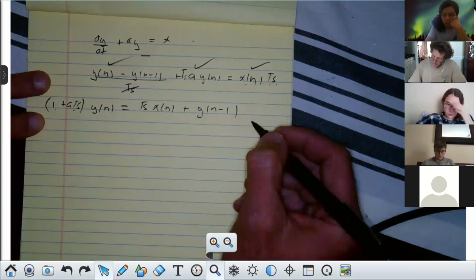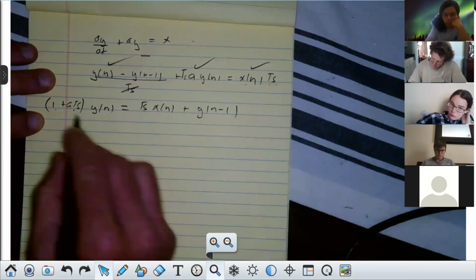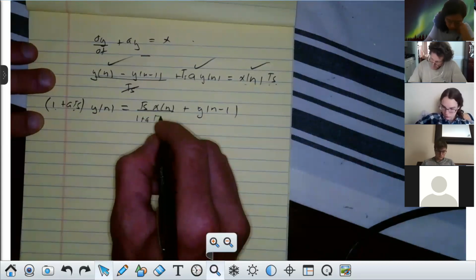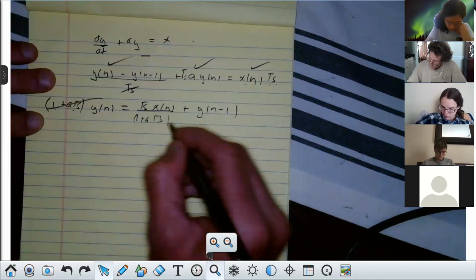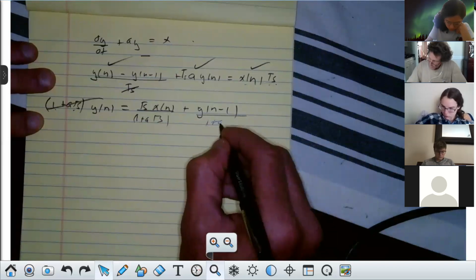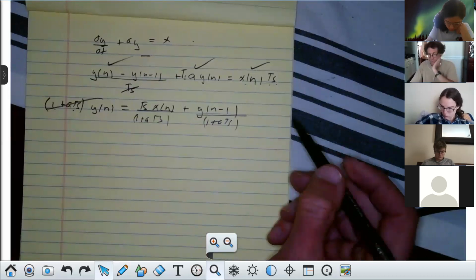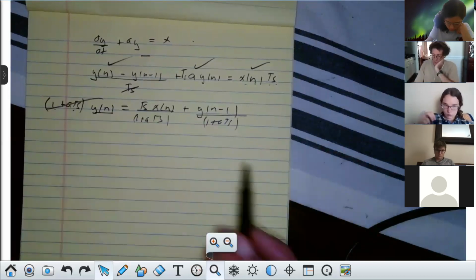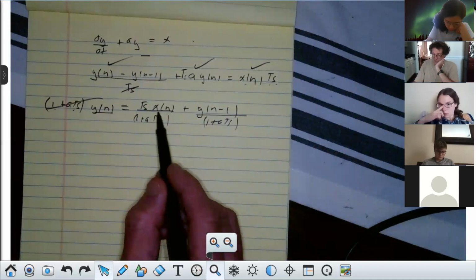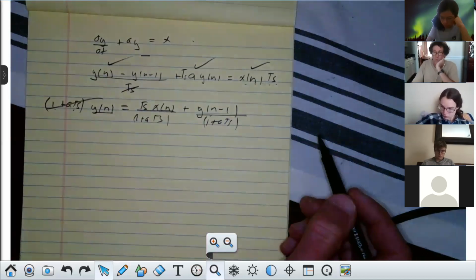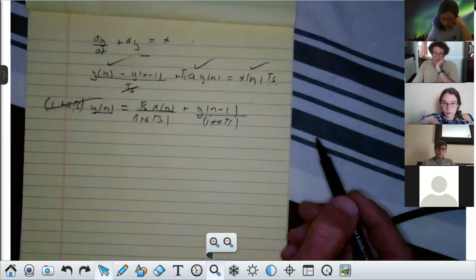Now, if we have this, we would then divide by 1 plus ATS. And this is called a difference equation. What you're doing is solving for y of n using x of n, that's the present value of x, and the past value of y, n minus 1.